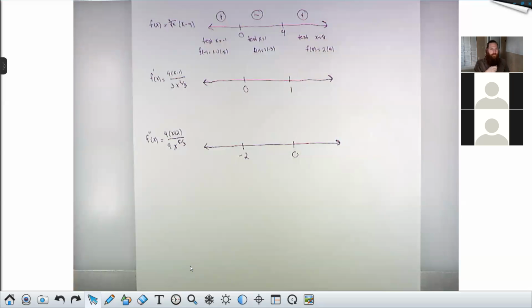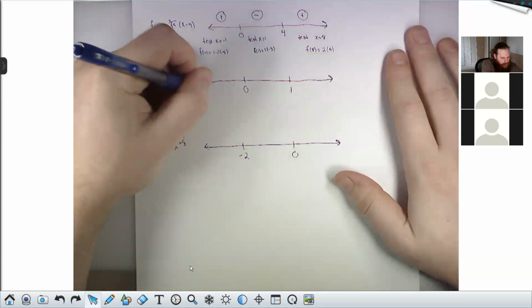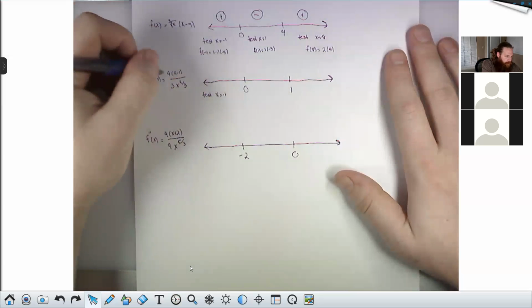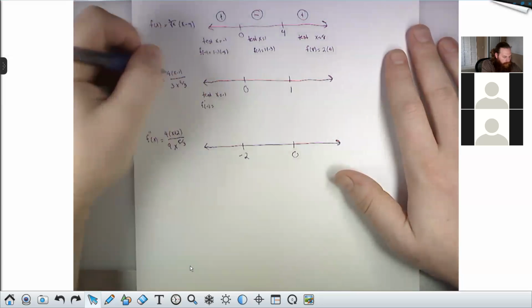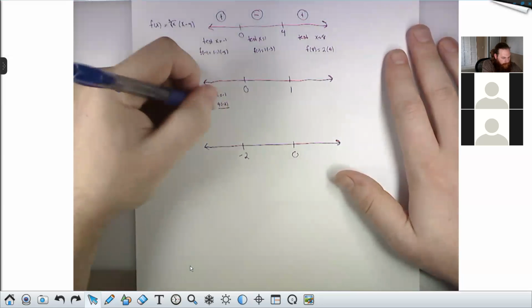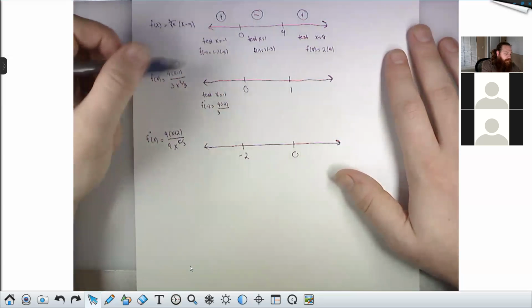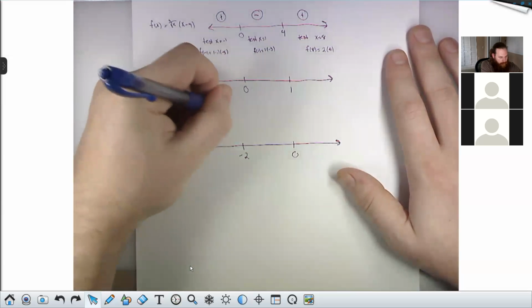F primed, if you test negative 1, you'll get 4 times negative 2. So f primed of negative 1 is 4 times negative 2 divided by 3 times negative 1 to the 2/3. That's negative 1 to the 1/3 all squared, or the cube root of negative 1 squared, which is positive 1.